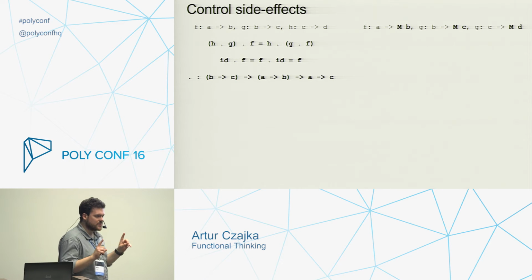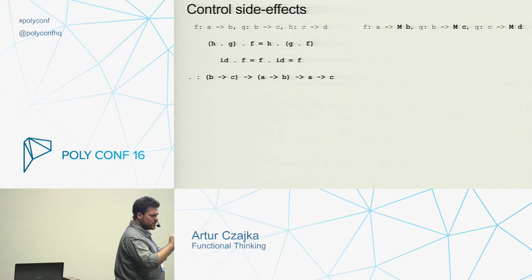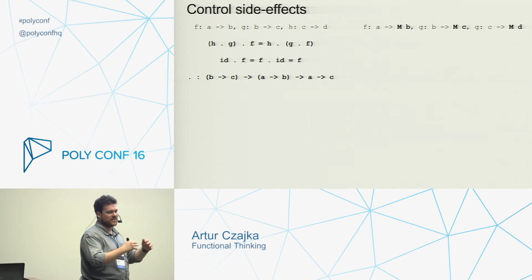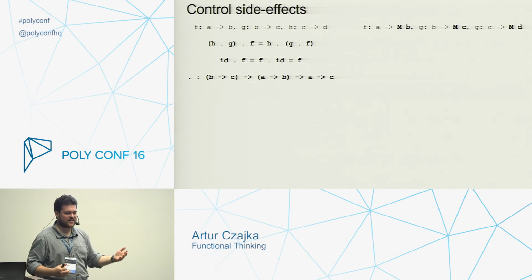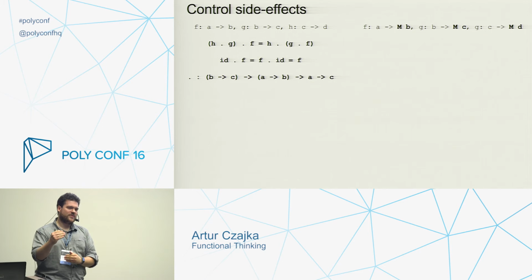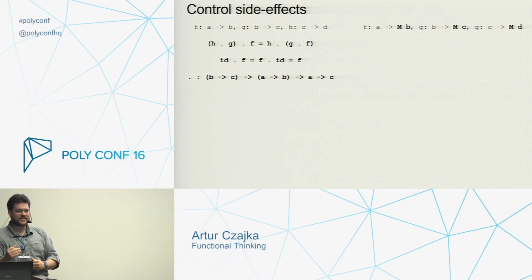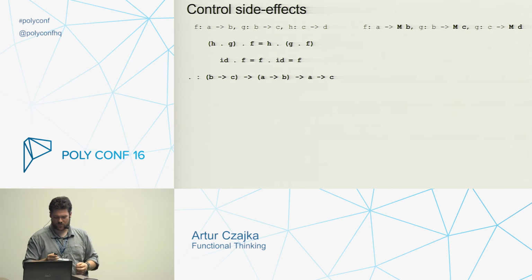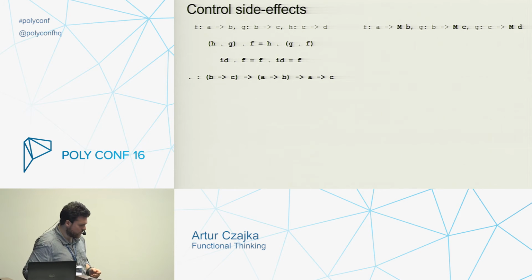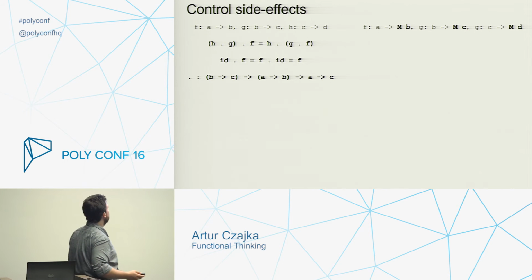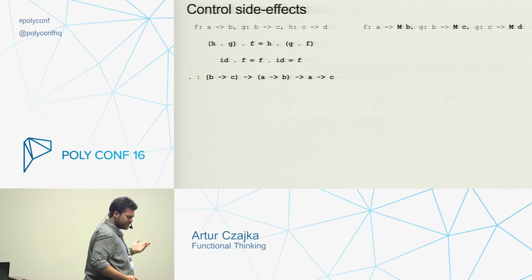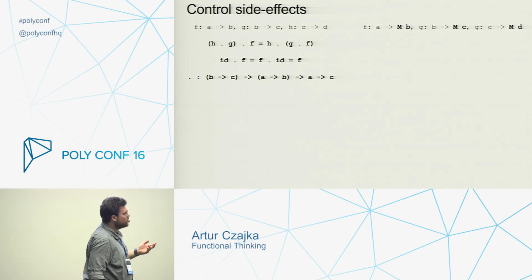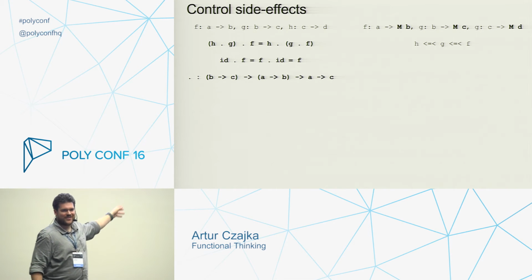The only condition is when you want to combine multiple functions with side effects, the stack of the side effects must be the same for all the functions that you try to combine. Then what do we need? We can't use the dot, it's broken. So let's use a fish operator.